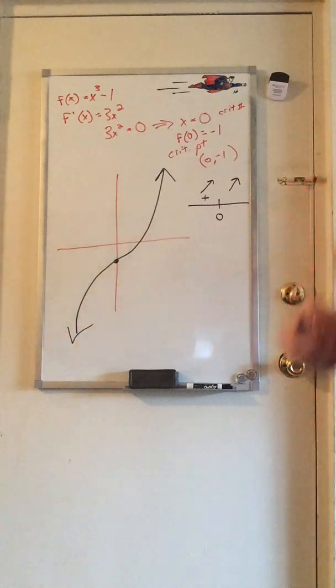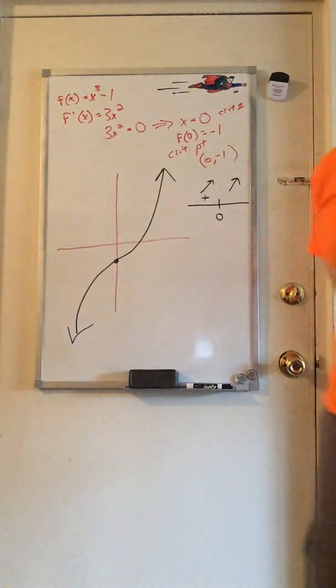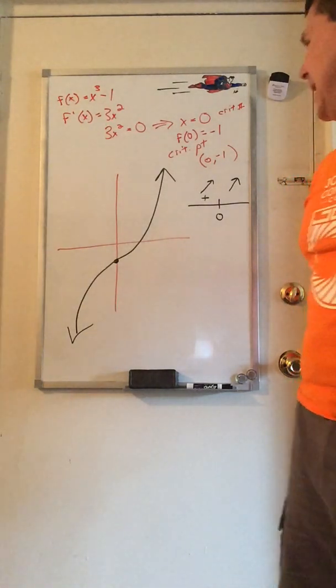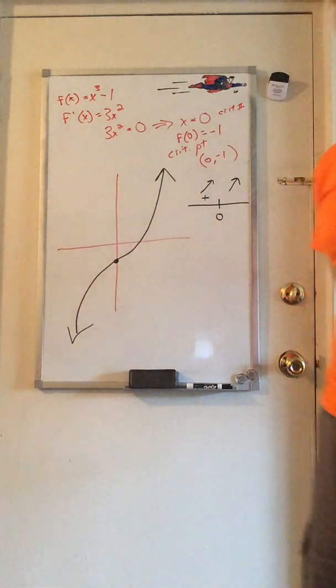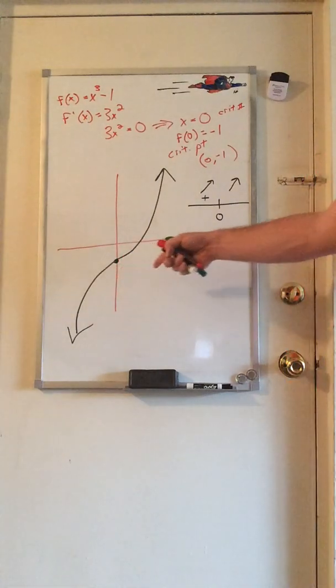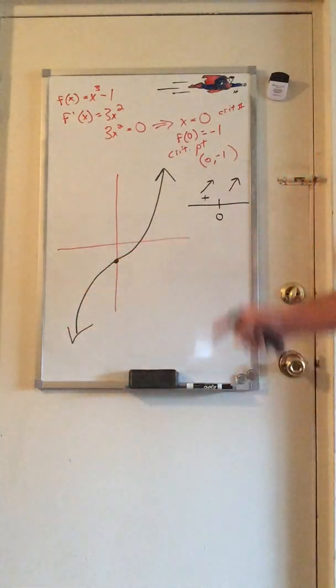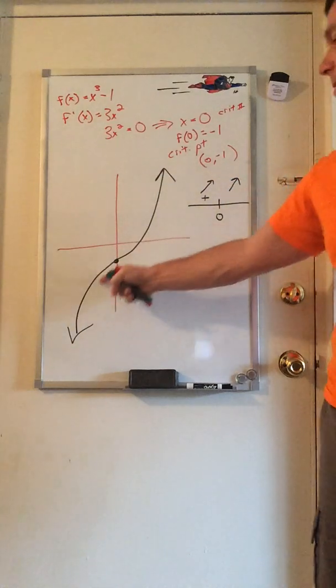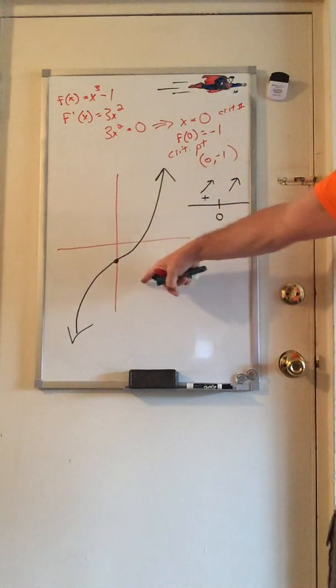And the idea to keep in mind here, we're only working with basic graphs, but we're going to start working in the next video with more complex ones. And now I can pretty much get an idea of when I'll have a max, when I'll have a min, when I'll have one of these saddle point things that we called it before, by just looking at this. If the graph goes up and up, that's not going to be a max or a min.